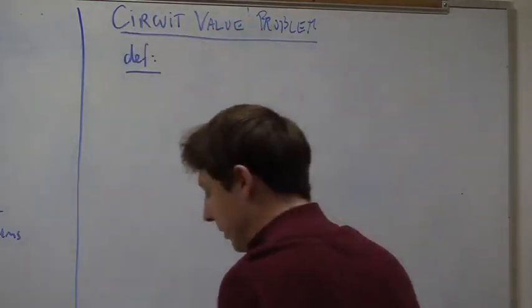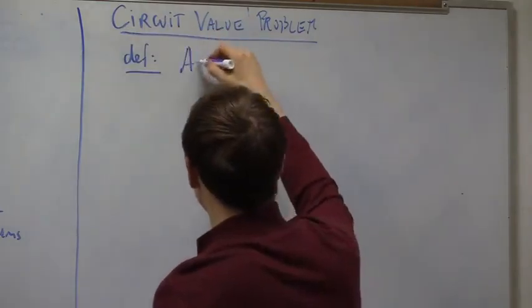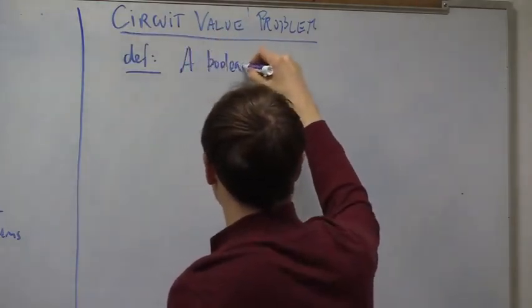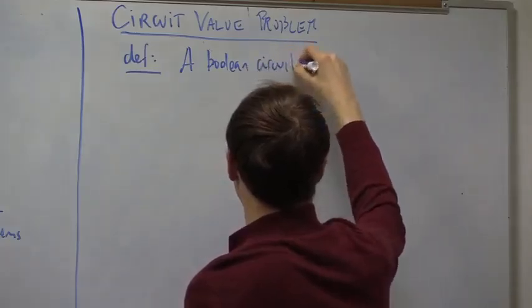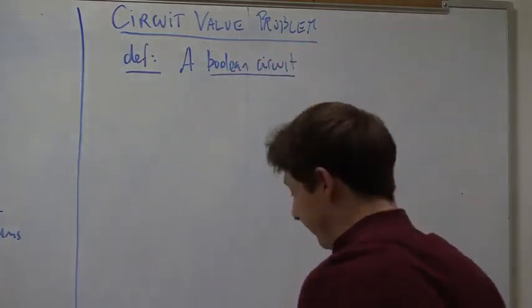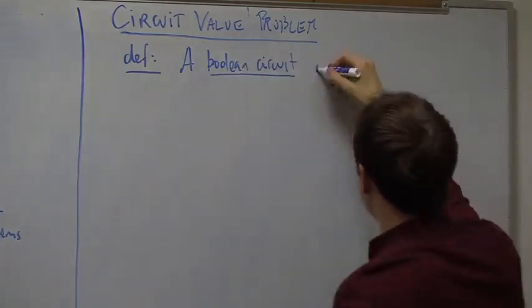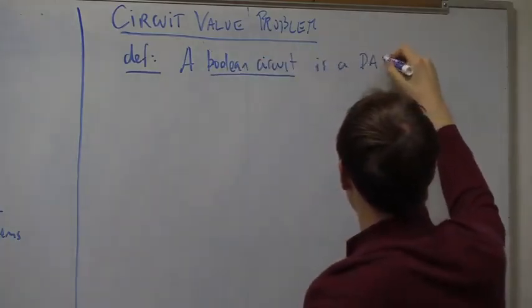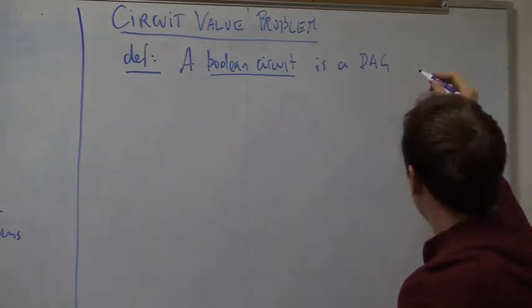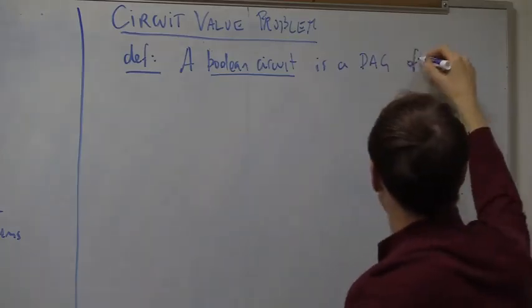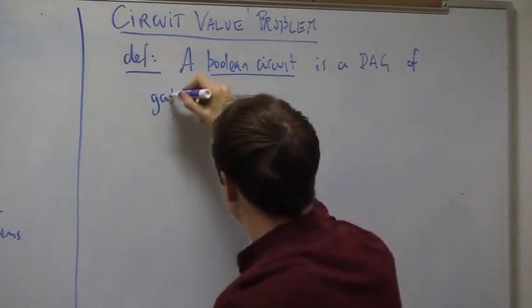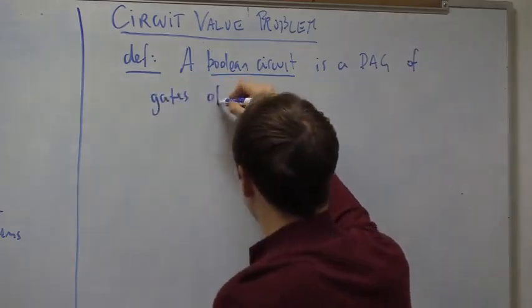First I need to tell you what is a circuit. So a Boolean circuit is a directed acyclic graph of gates of the following types.